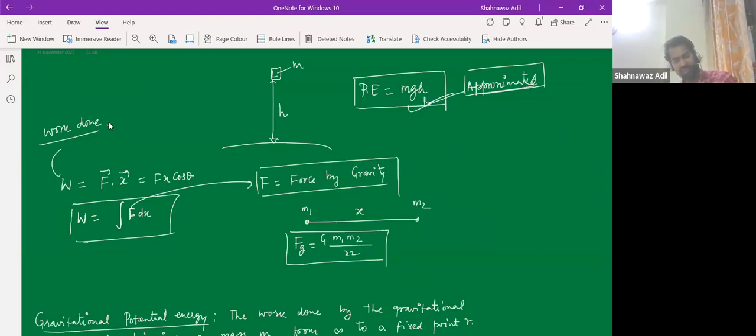After I have done this work, the potential energy, then only escape velocity, orbital velocity, and energy of the satellites, three topics, will be remaining in this chapter. Then in tomorrow's class, I will start the next chapter, mechanical properties of solids.